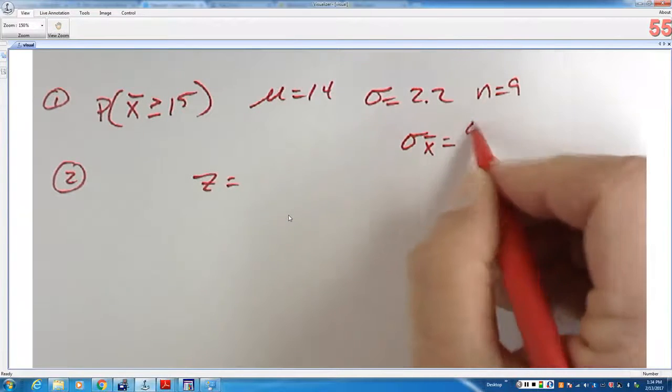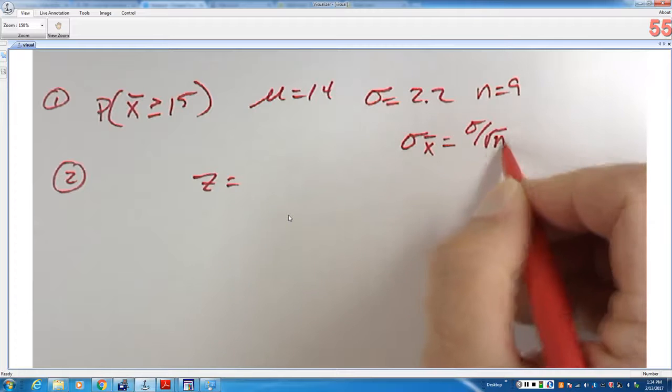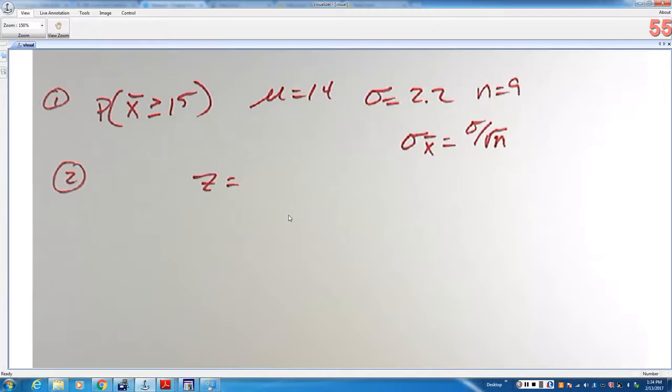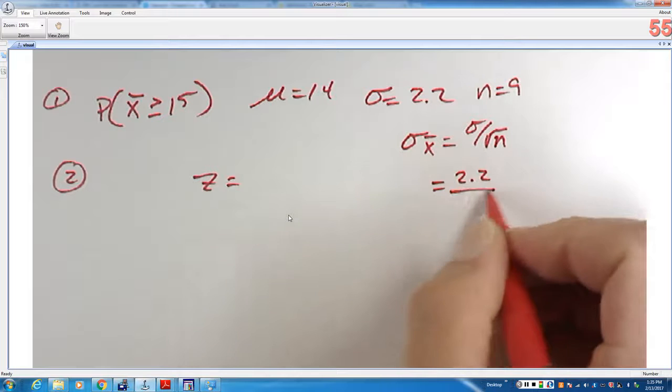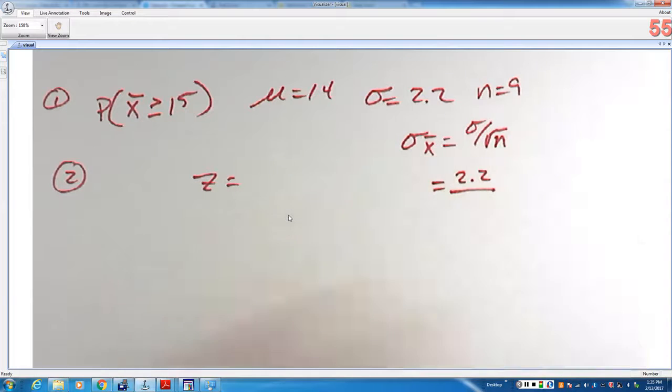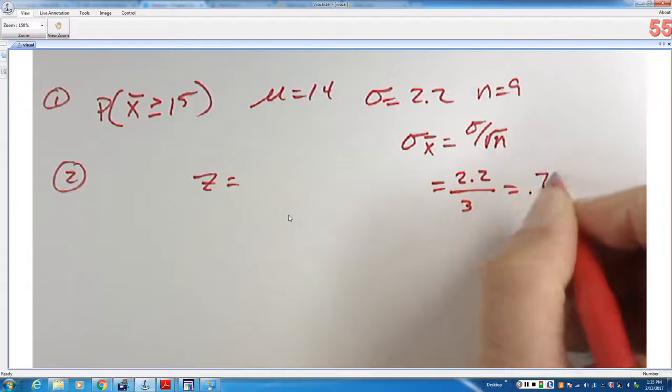We find it by taking the standard deviation and dividing by the square root of n, our sample size. So that's 2.2 divided by, can we agree that the square root of 9 is 3? So 2.2 divided by 3 gives us 0.73 repeating.